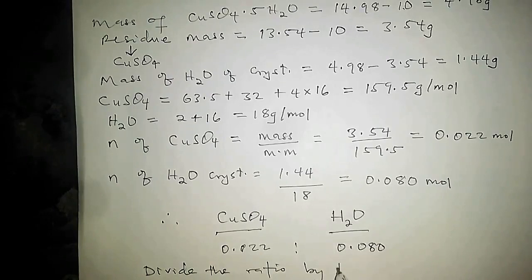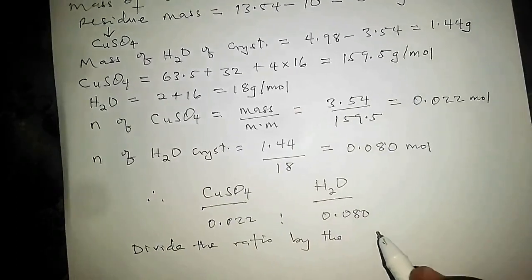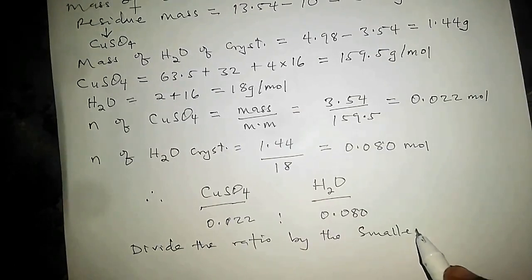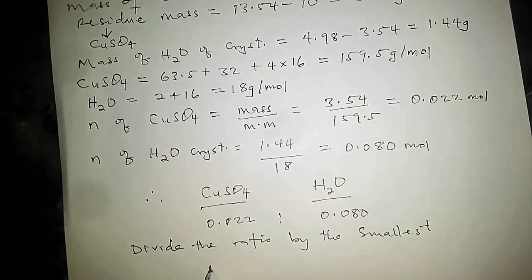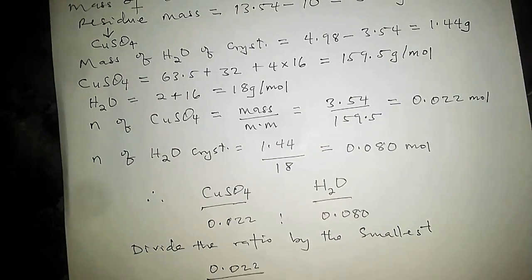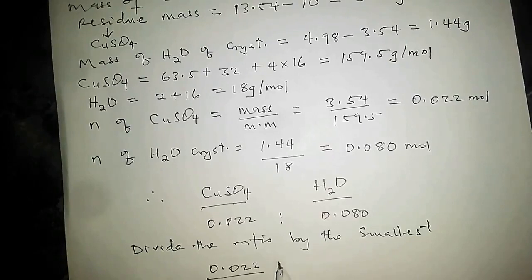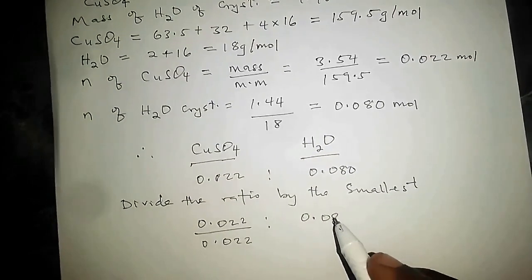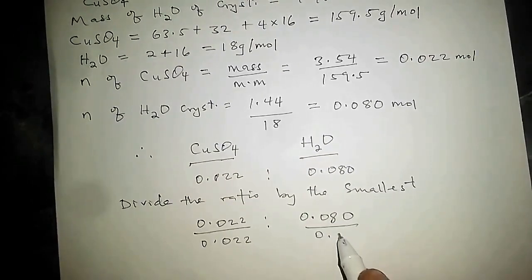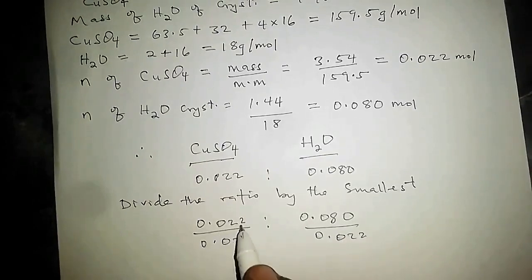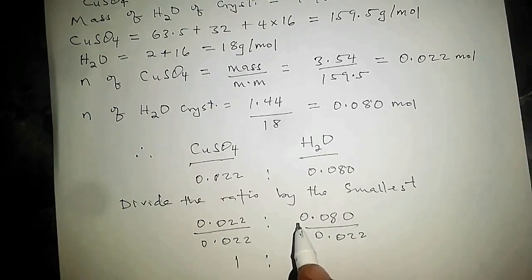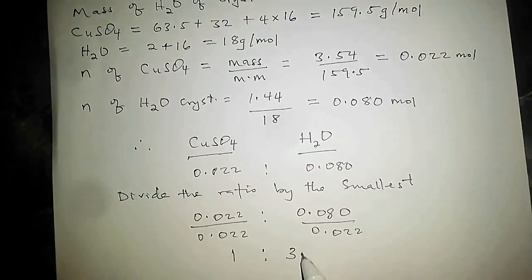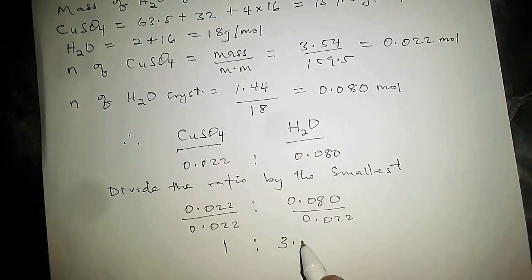For copper(II) sulfate, 0.022 divided by 0.022 gives a ratio of 1, then 0.080 divided by 0.022 gives 3.63.